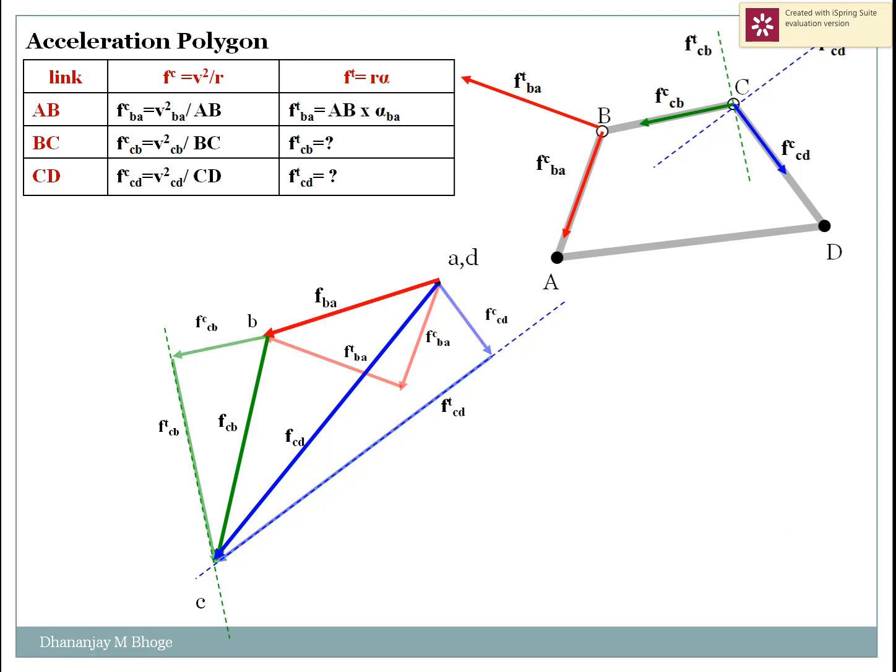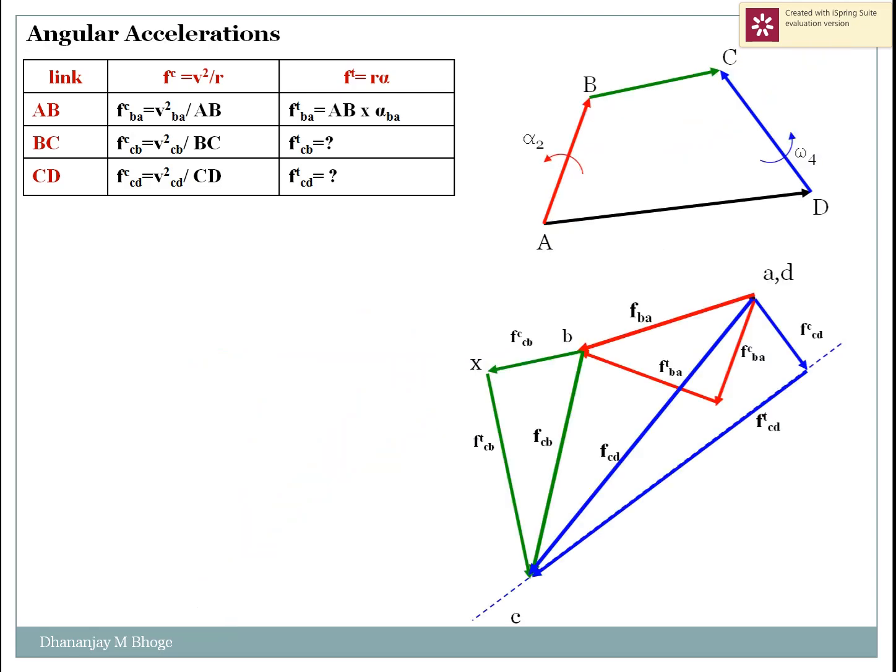Now from this acceleration polygon we will determine the unknown accelerations of the links BC and CD. First take link BC. From this equation, alpha CB is equal to FTCB divided by BC. BC is the length of link BC.